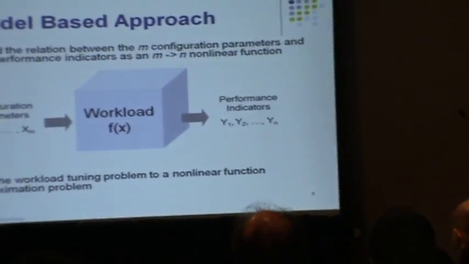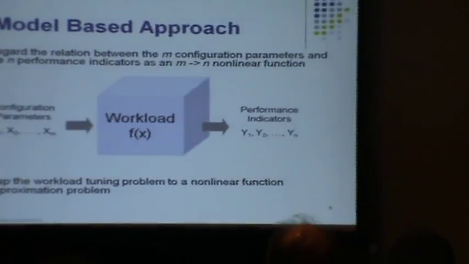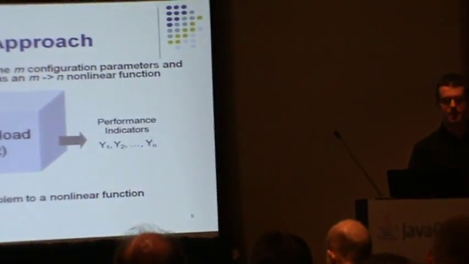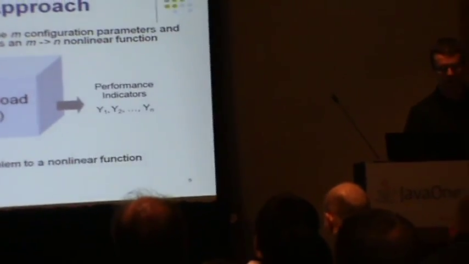So if you want to get an idea of what is going on, how your application behaves on a different workload, or how it behaves with different settings for the JVM, you can take a sample of how your application performs, determine the configuration parameters for input, and the values that you're going to check for output.